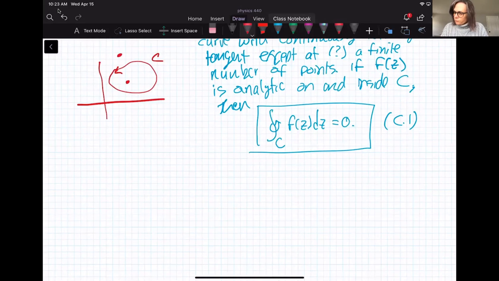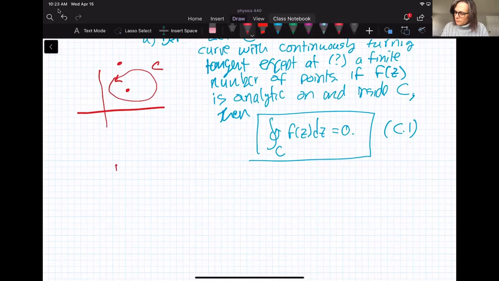The proof of this is not exactly that difficult, but I don't want to spend too much time on it. It does involve using Green's theorem.